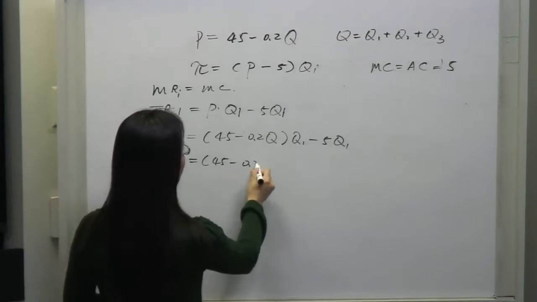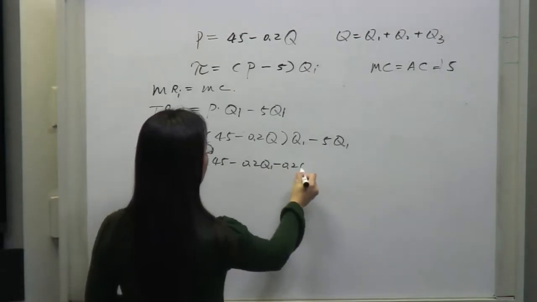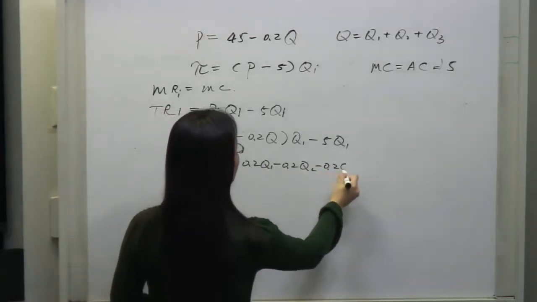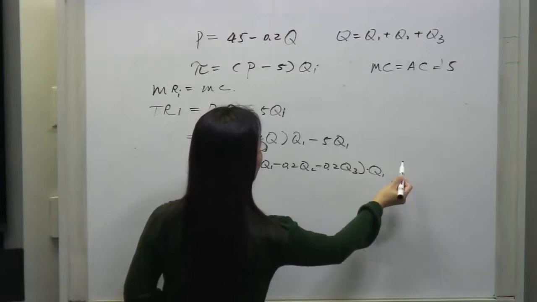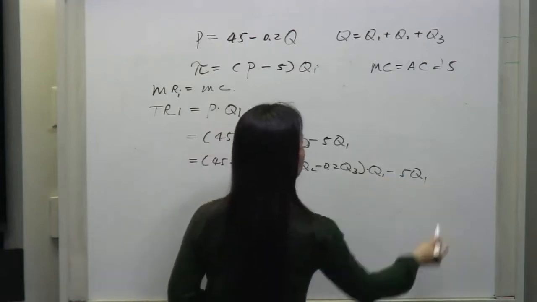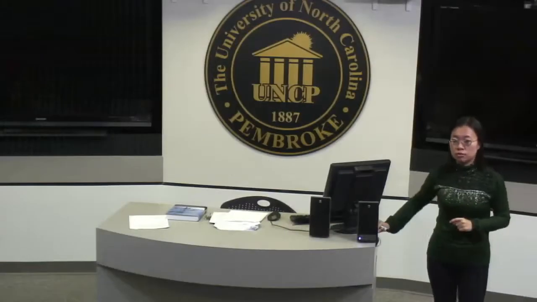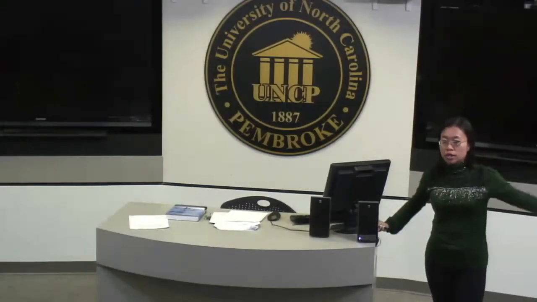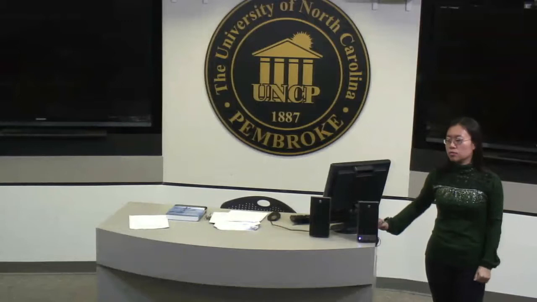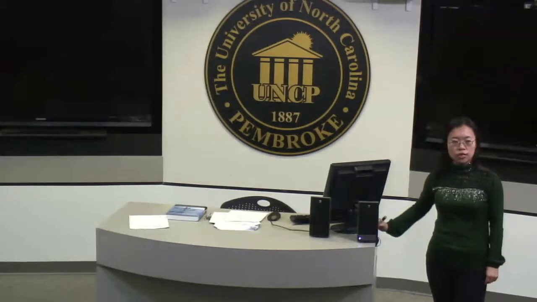So then we have 45 minus 0.2Q1 minus 0.2Q2 minus 0.2Q3, multiplied by Q1, minus 5Q1. How about if I have 4 firms? You just line all of them up, right? Do you guys get it? Following me here, everybody?